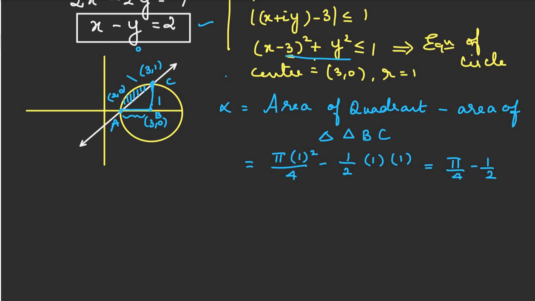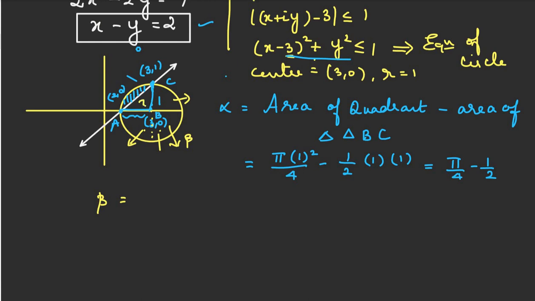Now let us find the area of the unshaded region, which is taken to be beta. So beta can be considered as three quadrants: the first quadrant, second quadrant, third quadrant, plus the area of the triangle.